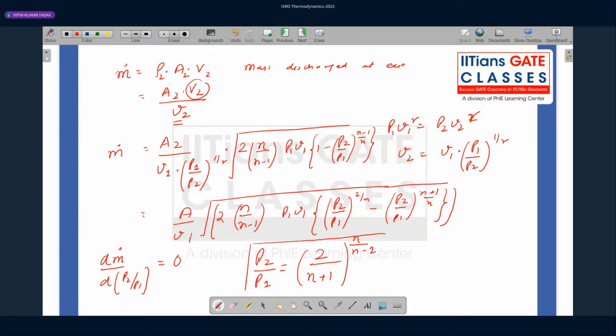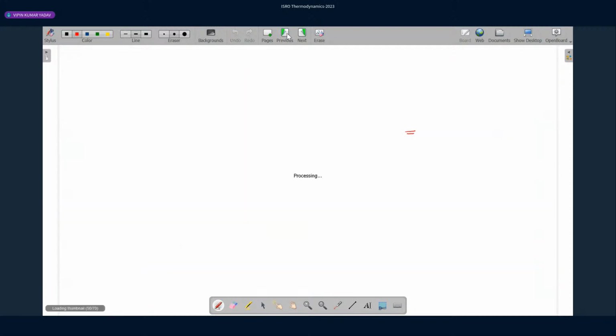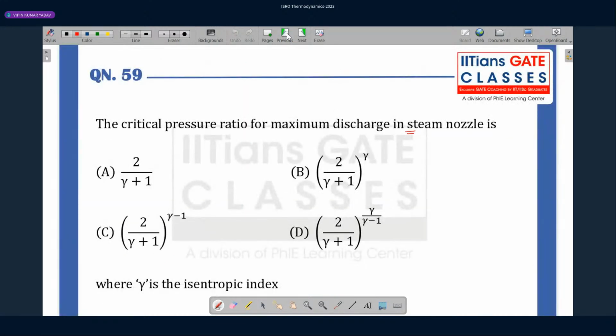This is your critical pressure ratio. So (2 upon n plus 1)^(n by n minus 1) is basically D, the correct answer.